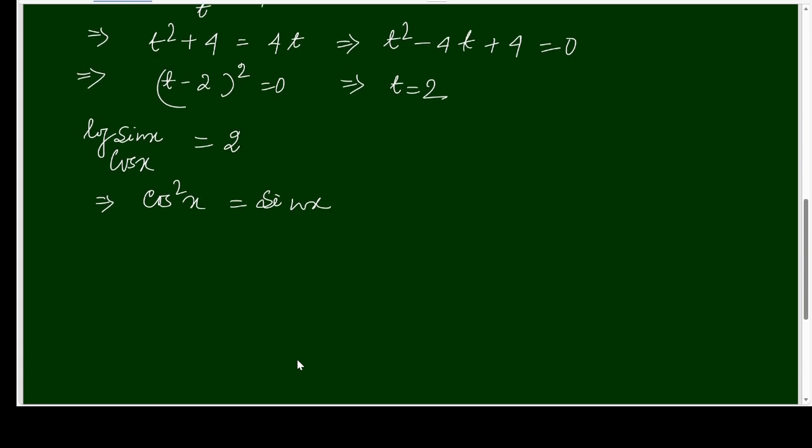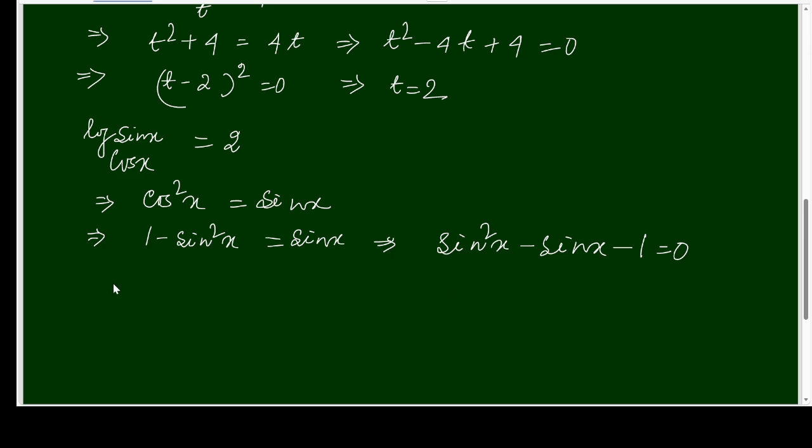Now replacing cos square x by 1 minus sin square x, I'll get 1 minus sin square x equals to sin x, or sin square x plus sin x minus 1 equals to 0.